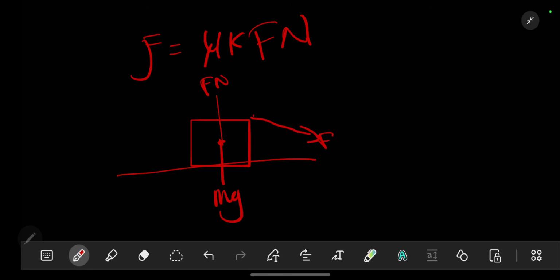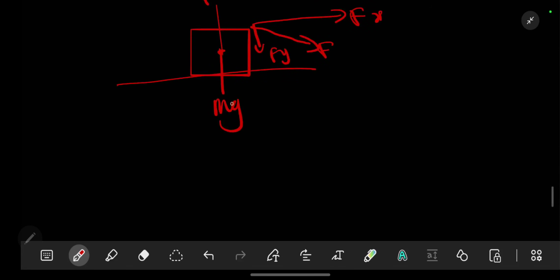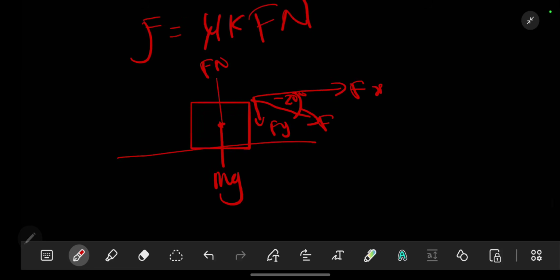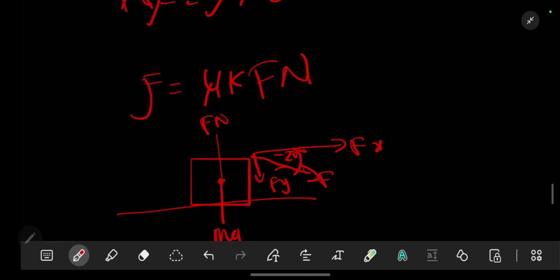So this is our force Fx, then we have our Fy, because the angle is below the x-axis. Now, if you take it down literally, there is no need for you to put the negative 20 degrees here. But if you accounted for the negative, you are going to treat this as if it's going up, so that the negative itself can cancel.